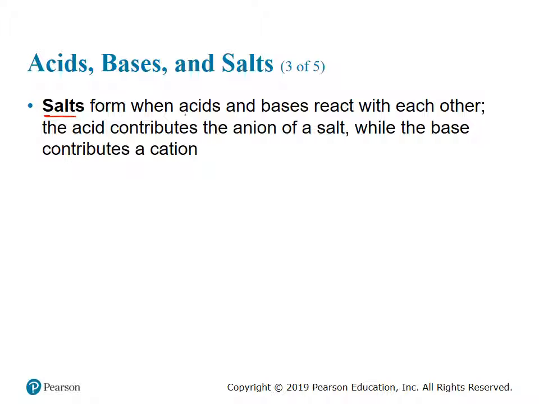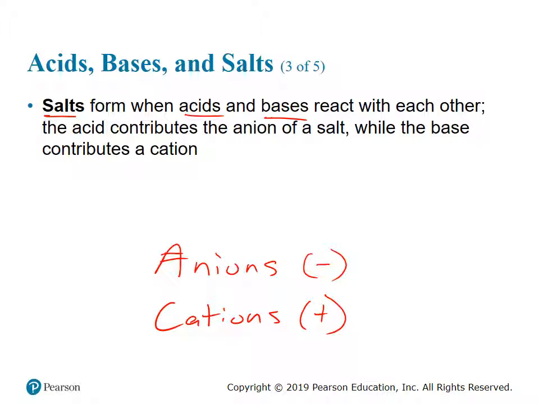Salts form when acids and bases react with each other. When we put an acid and a base together, this acid and base solution, when combined, forms anions and cations, or negative ions and positive ions.